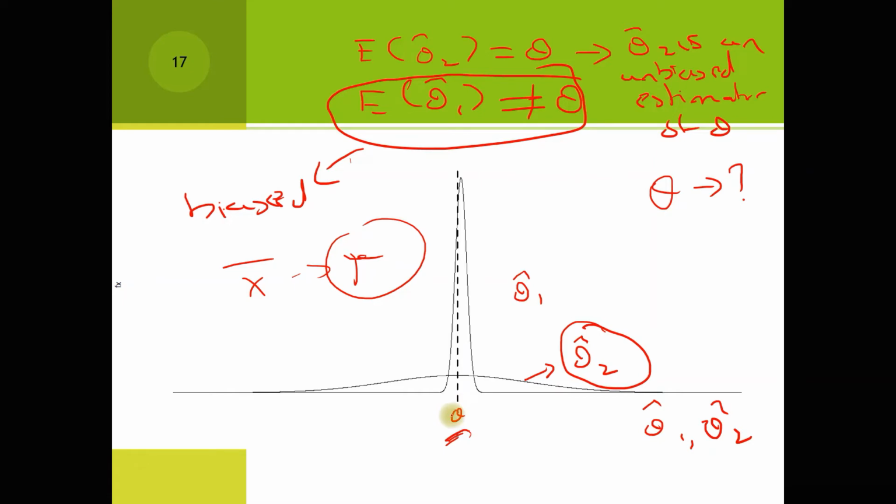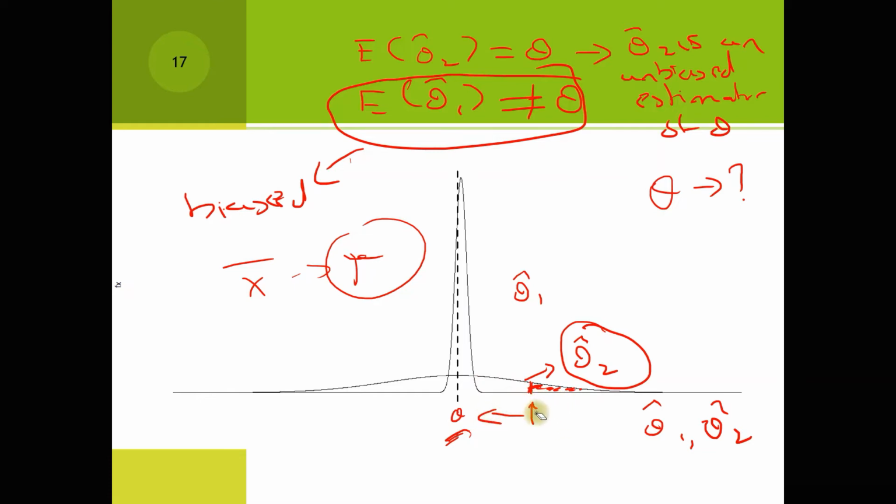Just imagine that theta is the true parameter, which is here. From theta cap 2, probability means, look at this area here. You have a very high probability of choosing something that is very far from theta. Look at the diagram. You have a high probability of choosing something far from theta.